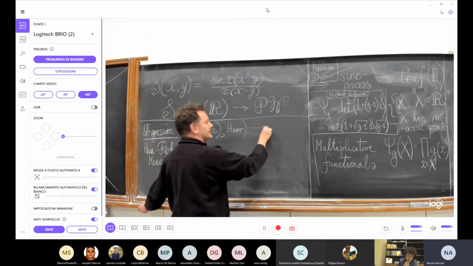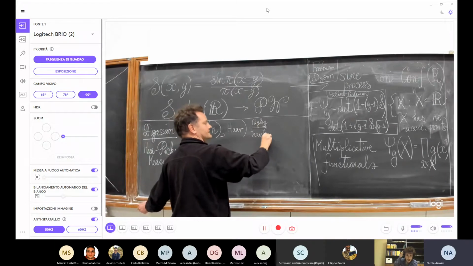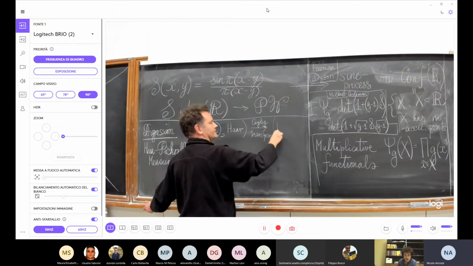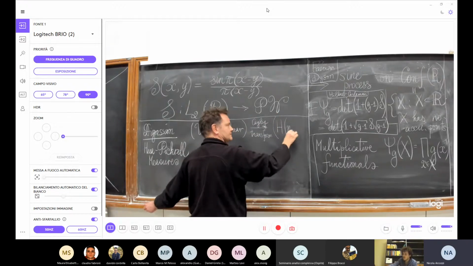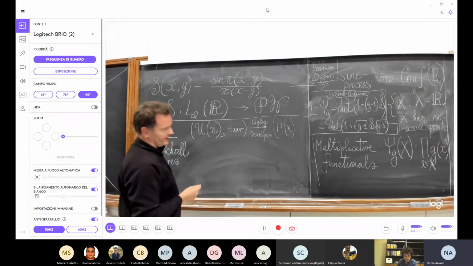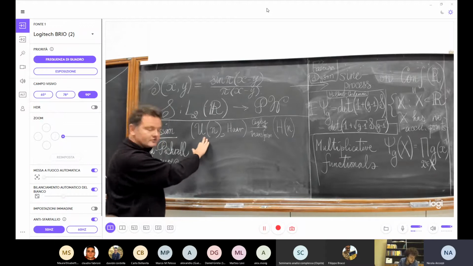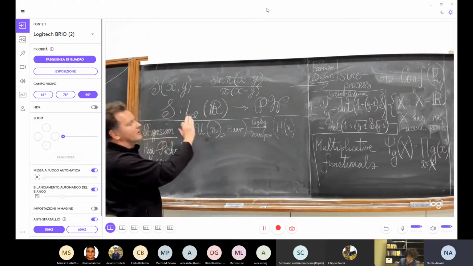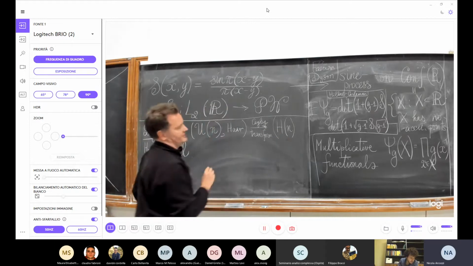Then we can make the Cayley transform, and instead of the unitary group we have the space of Hermitian matrices. The Cayley transform takes the unit circle to the line, and so the eigenvalues of absolute value 1 of the unitary group go to the real eigenvalues of the space of Hermitian matrices.